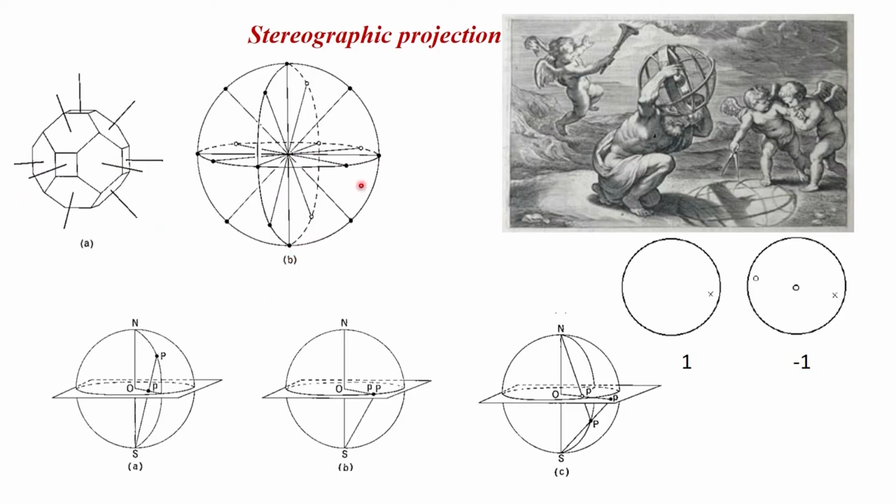So if we now see the northern part of the crystal as is shown here, if there is a point P on the northern hemisphere, we take the south pole and connect it to the point P and represent this little p in the equatorial plane as a point, a little closed circle as you see here. This is the point P, which is now the representation of the projection of this particular point onto the south pole. A similar construction is done with respect to the north pole, and I think we will stop here.